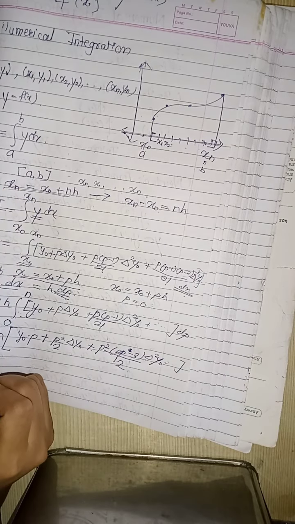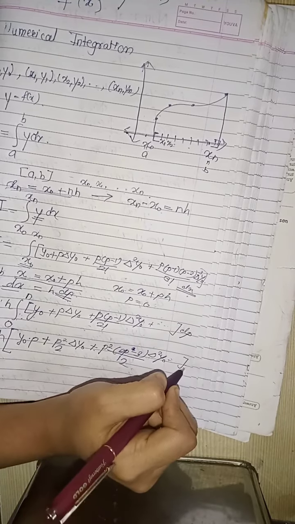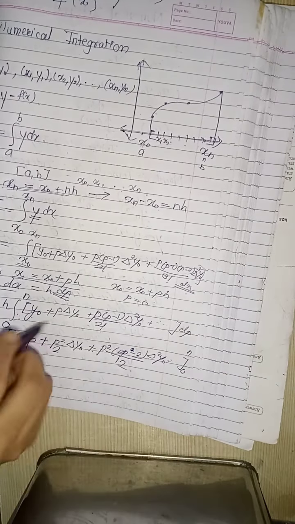So this is after the integration, and it goes from 0 to n.